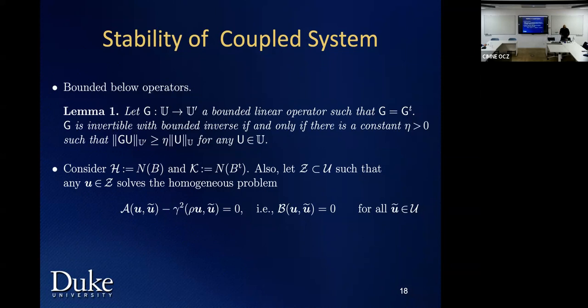For what I'm going to show you, you need to keep that in mind, right? So those are just null spaces, calligraphic H and K. Z is basically a subspace that corresponds to all solutions that give you resonances, right? Solutions corresponding to resonance. So I'm characterizing this Z here.